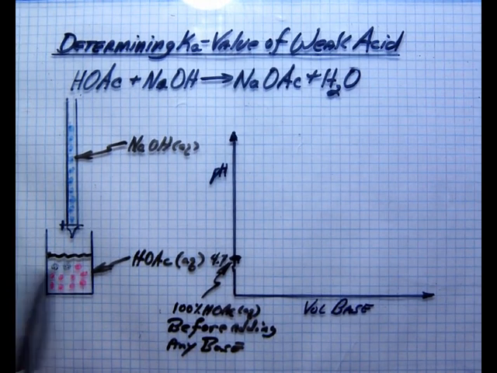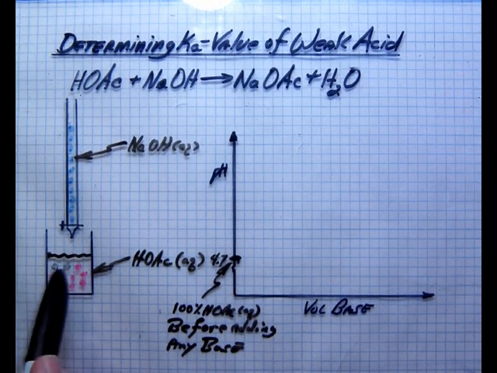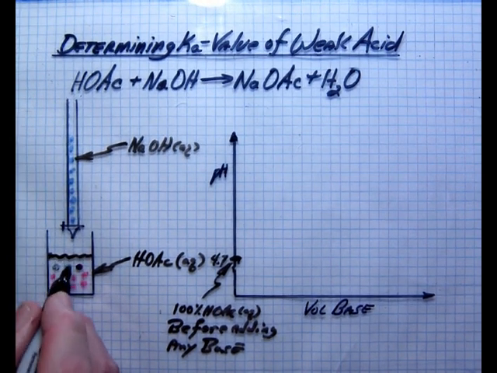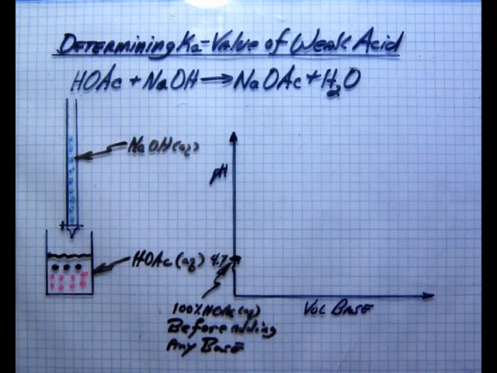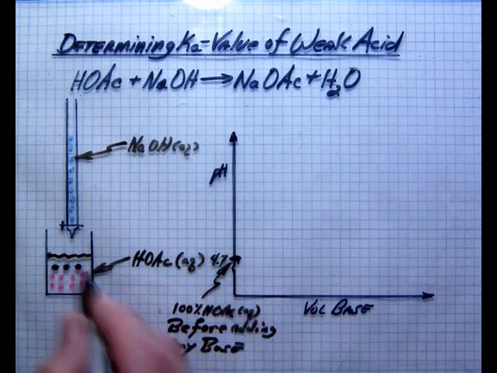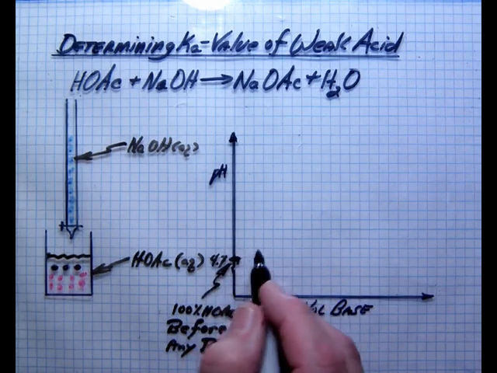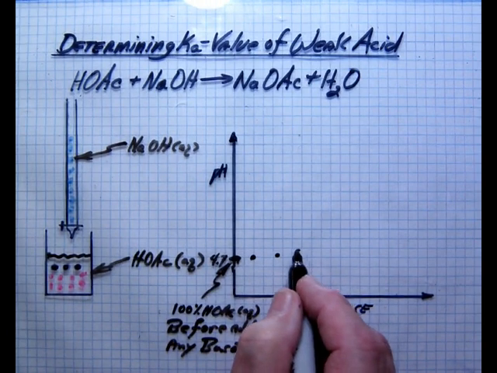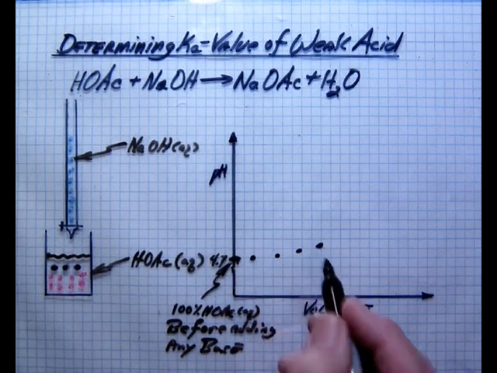So we still have a large amount of acid, and the limiting reagent, of course, is the base. Now, as we go along, we continue to add some more base. We neutralize some more of the acid, and so we're moving along. And so this would be more toward the basic. So we'll start generating a titration curve that begins to follow this trend.